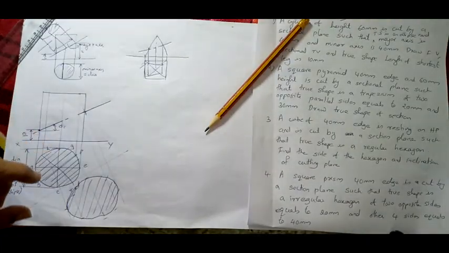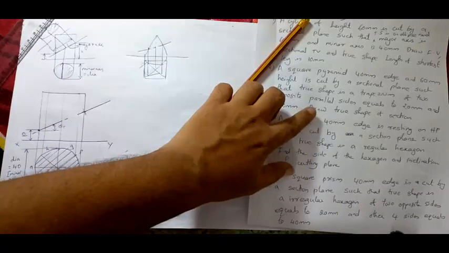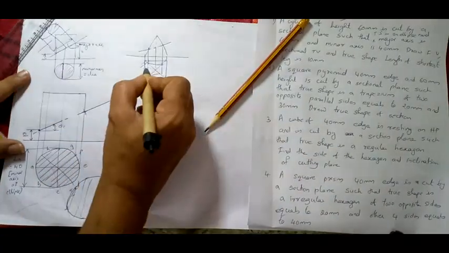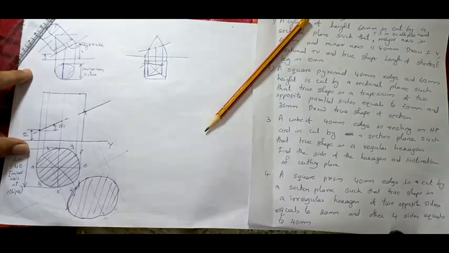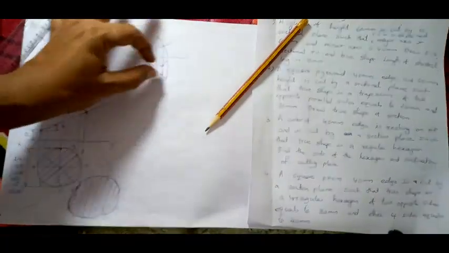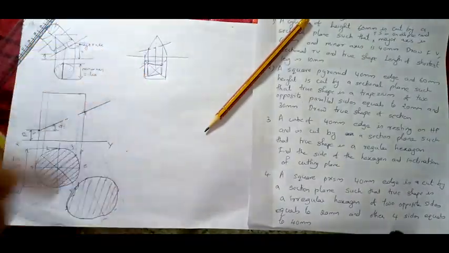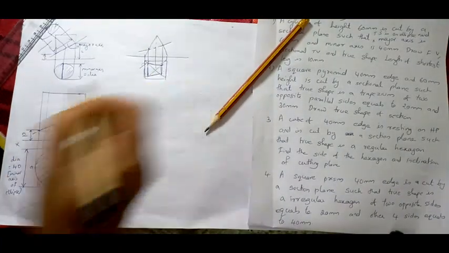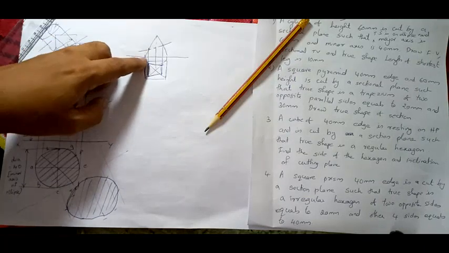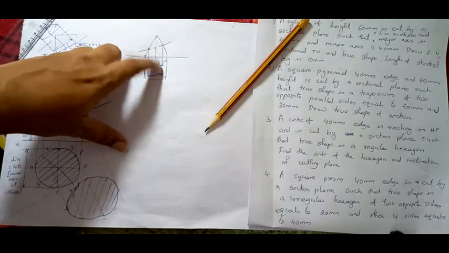Now they have given two opposite parallel sides. These are inclined sides, and these two will be representing the two opposite parallel sides. So they have given these two sides. Actually, what does it mean? You already know the property. These two lines are actually perpendicular, right? That means these two lines are actually true length lines.